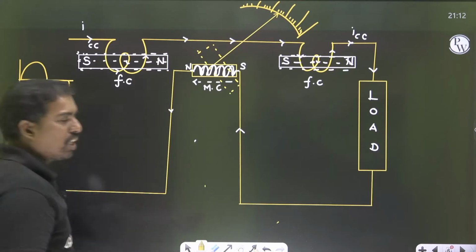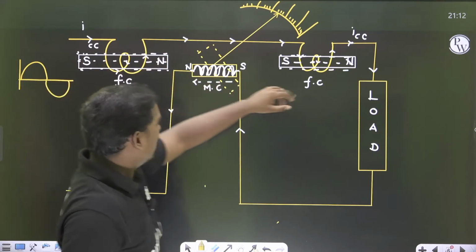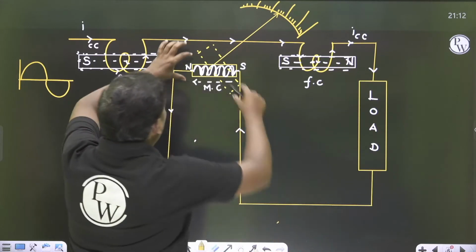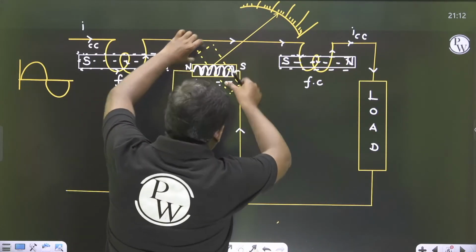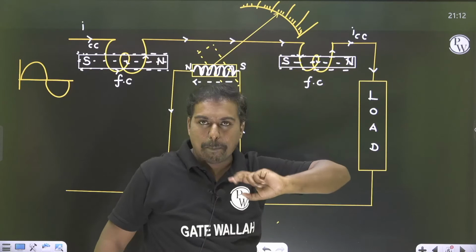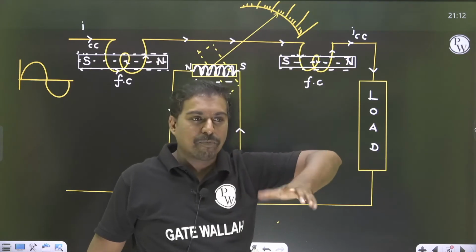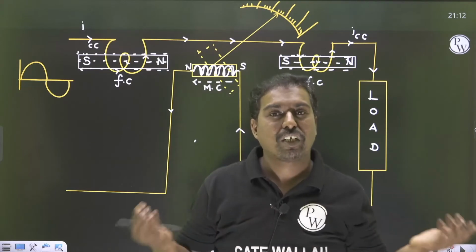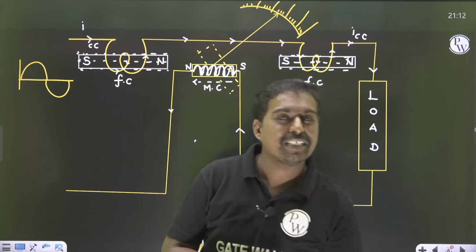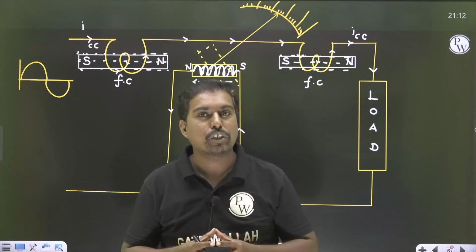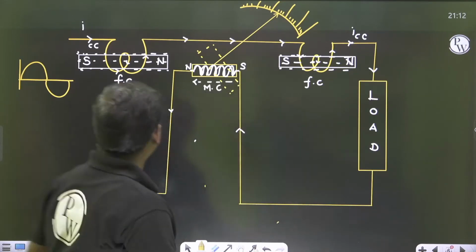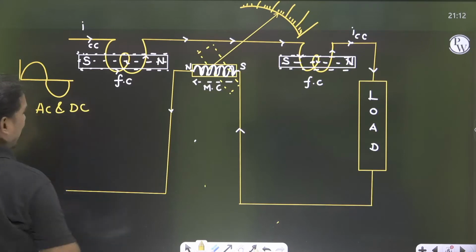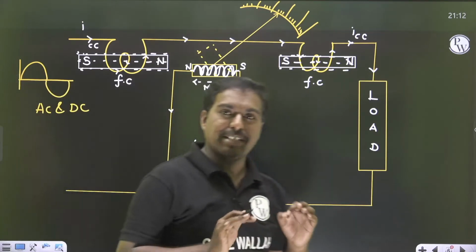When polarity changes, here also south north will come, here also north south will come, and definitely the deflection will continue, because the magnetic flux is there between the current coil and the moving coil. So that is the reason why the dynamometer type instrument is best suitable for both AC as well as DC. It will work on both AC and DC.